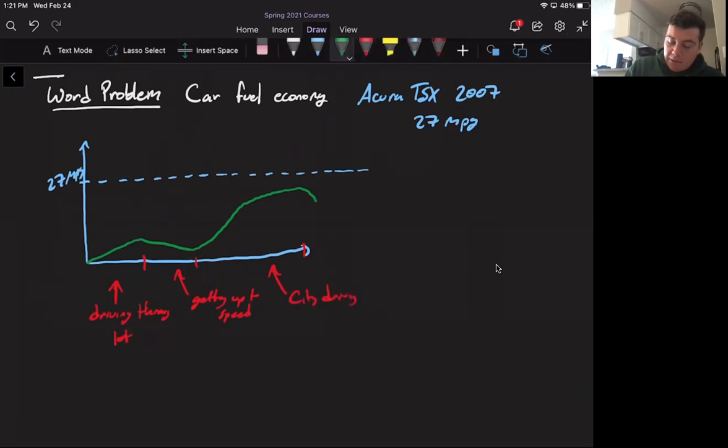Then it's going to go down sharply and come back up. Let's keep filling in the detail here. This is accelerating onto the freeway.